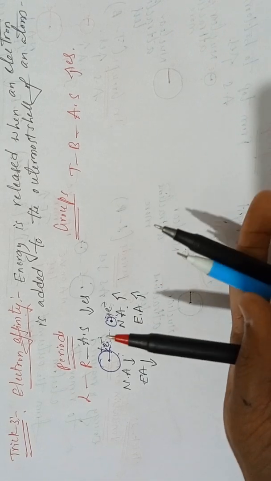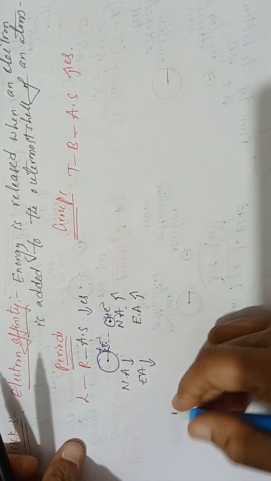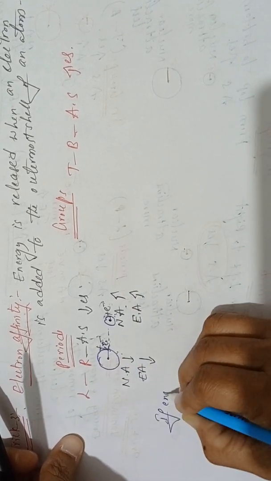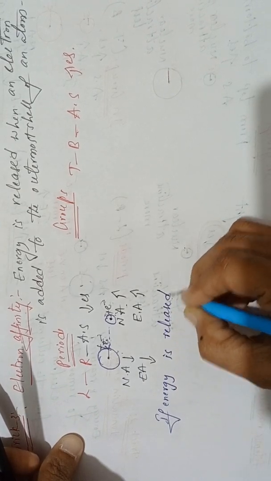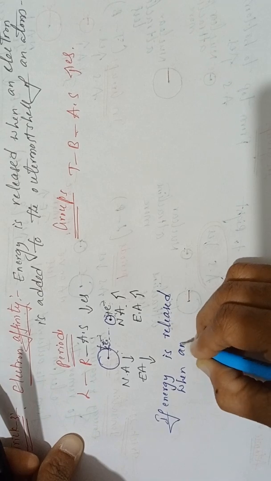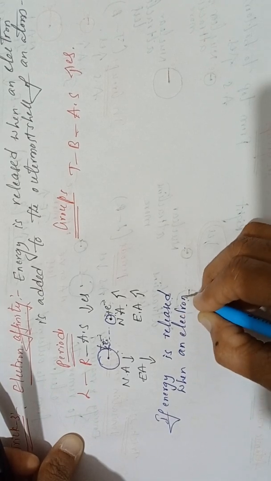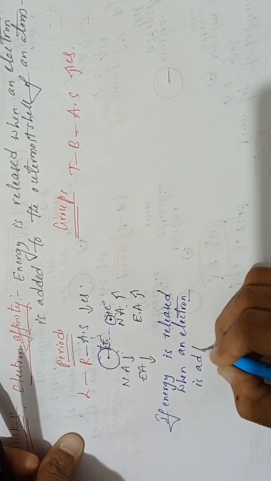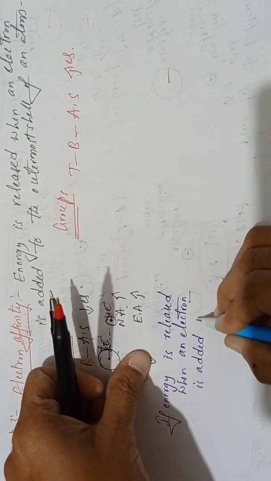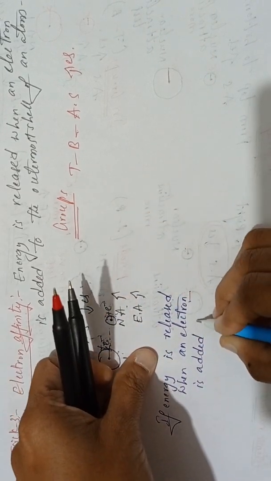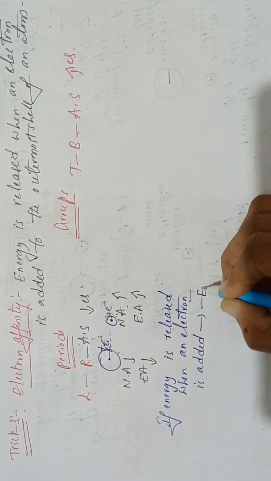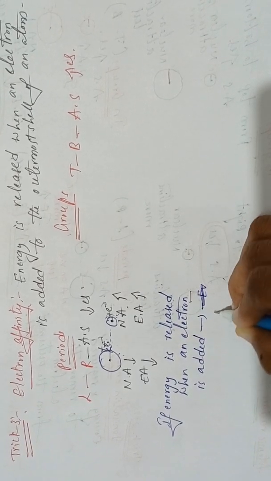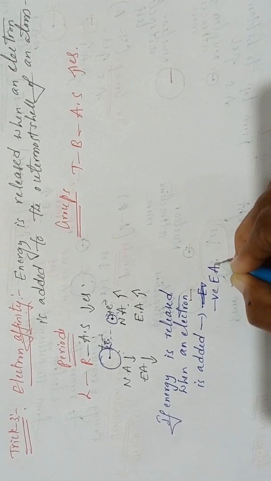During the addition of an electron, if energy is released when an electron is added to the outermost shell of an atom, students, that is called negative electron affinity.